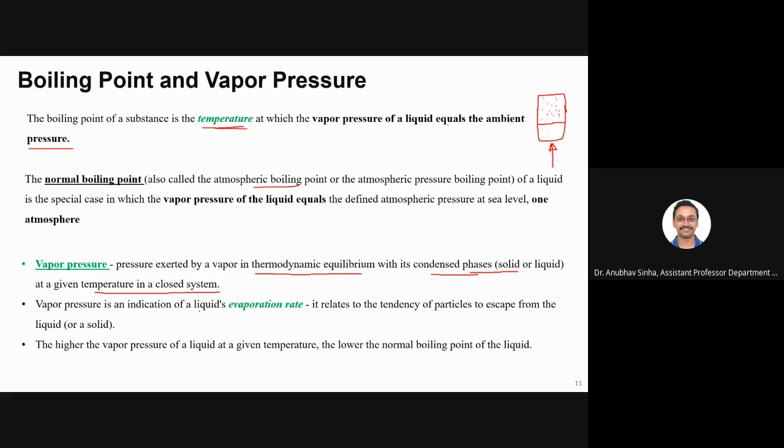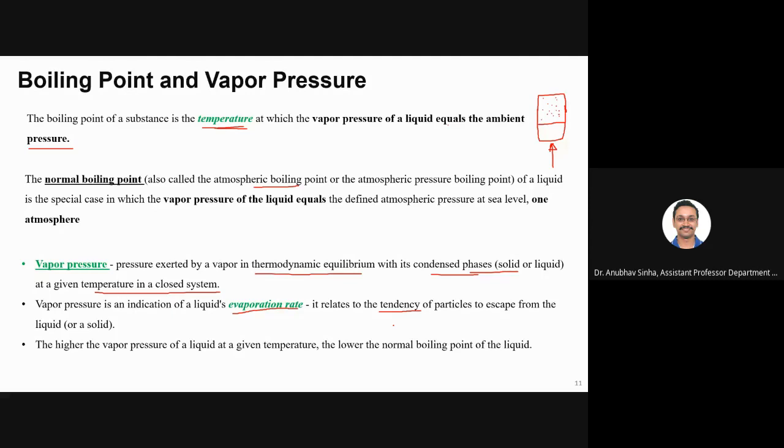Now, vapor pressure is an indication of how quickly the liquid wants to evaporate. It is the tendency of the liquid to escape from the liquid or solid phase and go to the vapor phase. So higher vapor pressure means a higher tendency to boil.